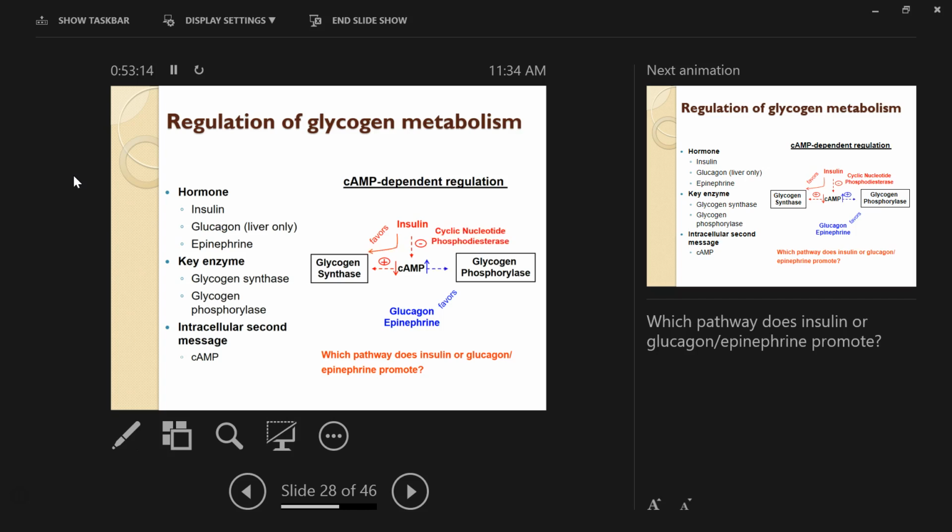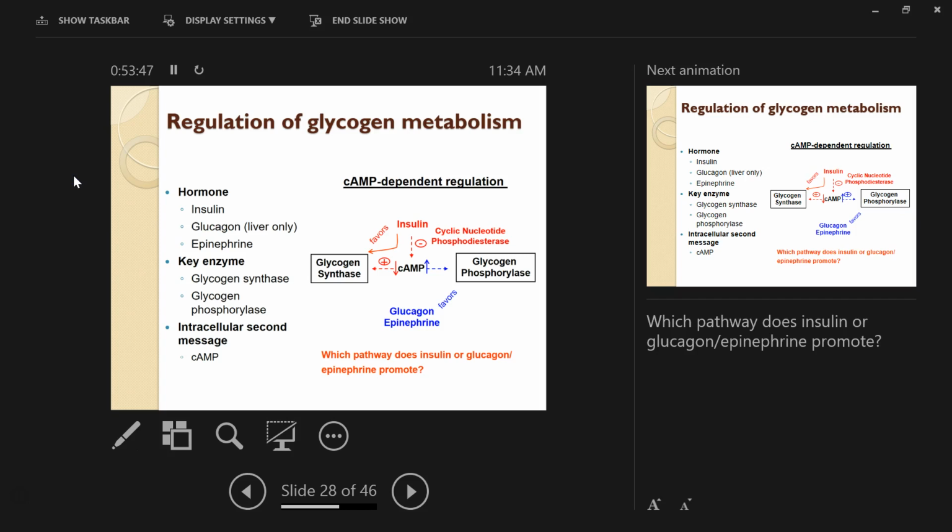Okay, so under the fed condition, insulin increases and can regulate cyclic AMP levels, basically decreasing them. The reason insulin decreases cyclic AMP is because insulin regulates the enzyme cyclic nucleotide phosphodiesterase, and this enzyme catalyzes the formation of cyclic AMP.